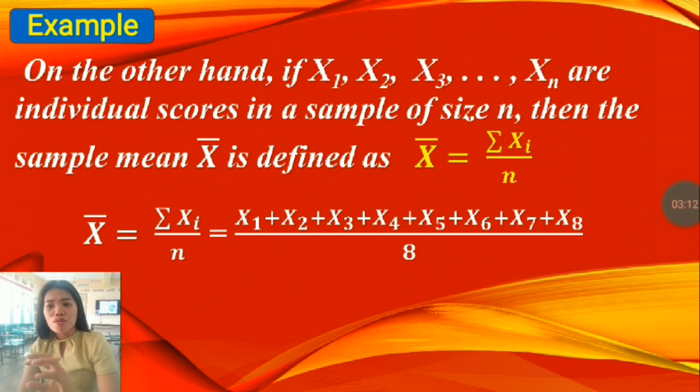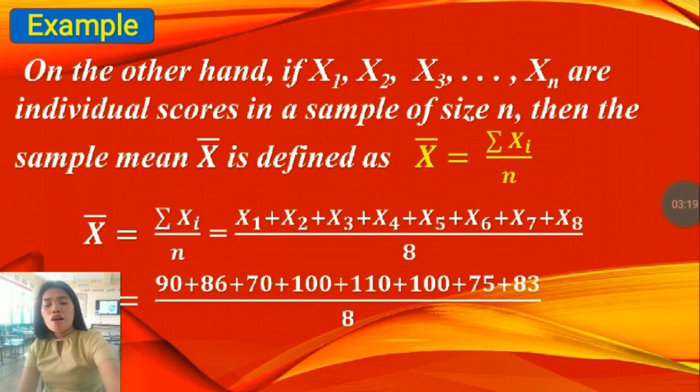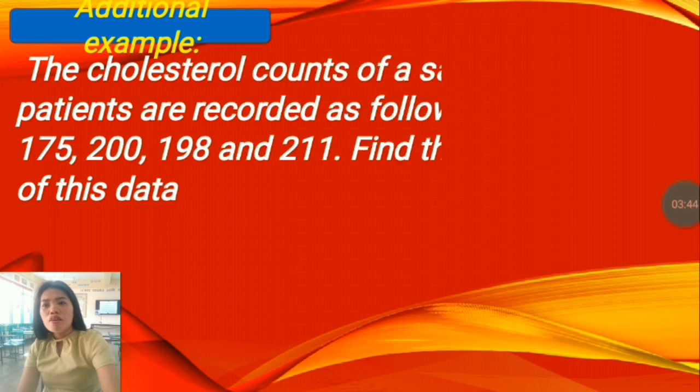However, we just use a different symbol because we're talking about the sample mean. The mean is still 89.25. Instead of mu, we use x bar as the symbol for the sample mean.